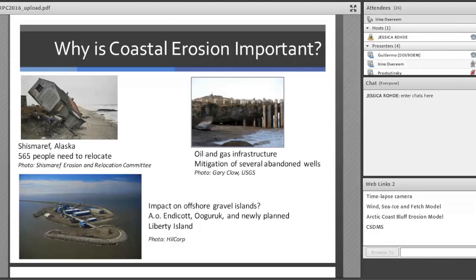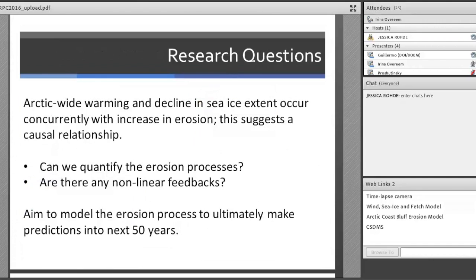Then there are a couple of Alaskan villages that really need to deal with this and need to deal with the storm surges. And so I'll talk some about that. And I think there is an impact potentially on these offshore gravel islands that is a bit more of an unasked question so far, or there's less that we've been doing on the modeling for that.